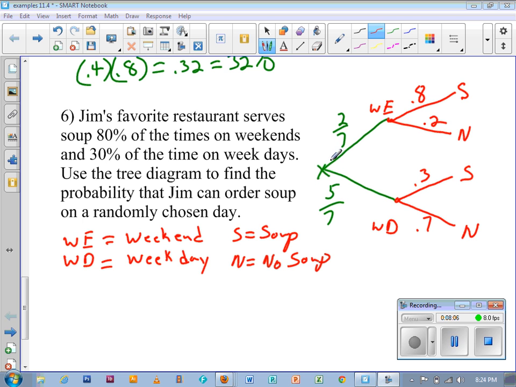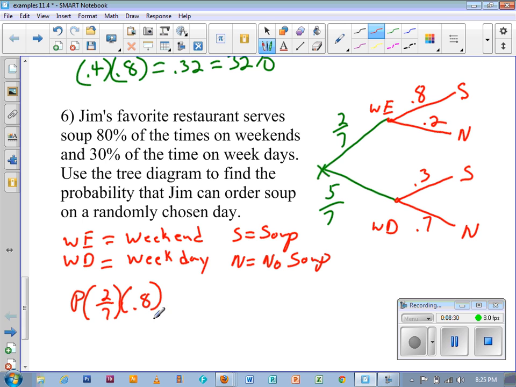First branch is it could be a weekend, 2 out of 7, which he has an 80% chance. So the probability of it being a weekend and getting soup will be calculated this way. Probability of being a weekend is 2 out of 7 times the probability of soup, 0.8. Use parentheses here.